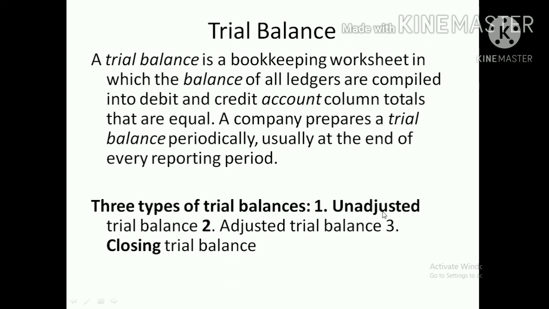One is without adjustment, without balancing, preparing the account. After that, it will immediately adjust the balances where the accounts are not tallied. After that, finally it will display the correct trial balance, which is called the closing trial balance. In Tally they will show the closing trial balance automatically. I give this information just for knowledge purposes.